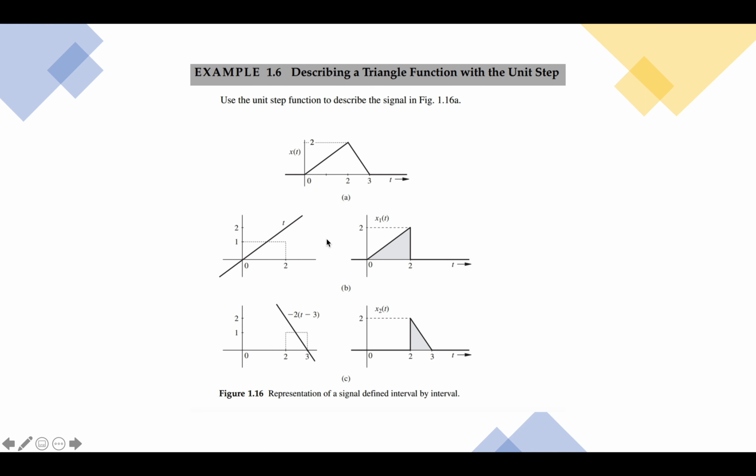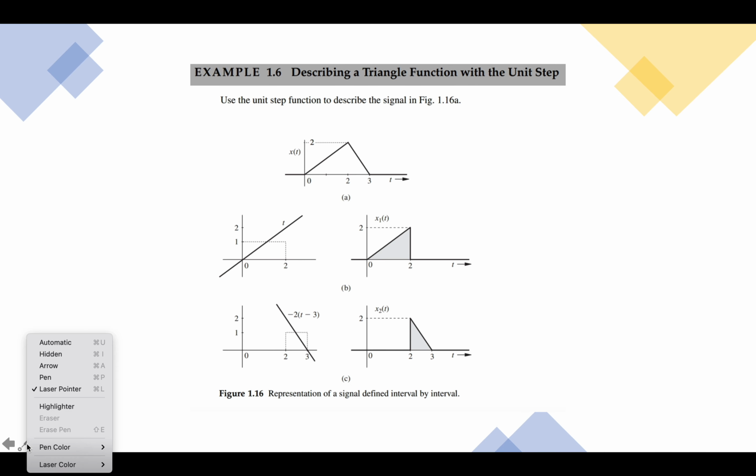The first thing we want to look at is that it's 0 for t less than 0, and it's 0 for t greater than 3. So we want to turn the system on at t equals 0, and then notice that there is a change at t equals 2.